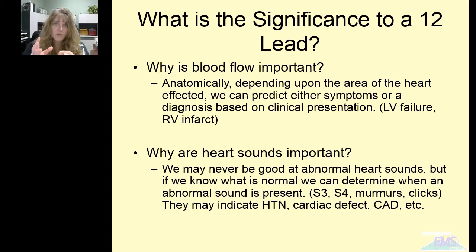In the 12 lead, you can actually identify that. Or it could be that you have something like a right ventricular infarction where you see the damage occurring in a certain spot on the 12 lead, and that tells you that the area of infarction is in that right ventricle.